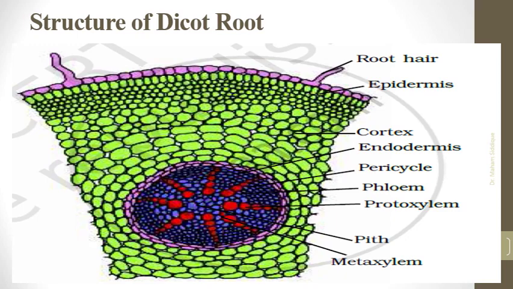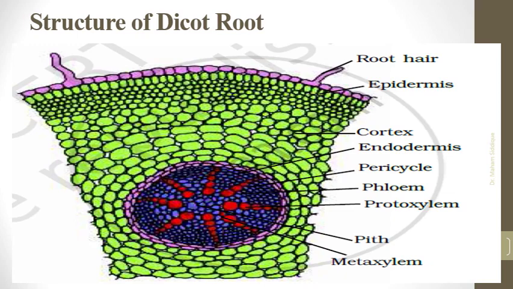Pericycle gives rise to the lateral roots. Vascular bundles are typically in the form of radial arrangement. Xylem and phloem form separate patches as shown in this diagram. Phloem in blue color and xylem in red color.